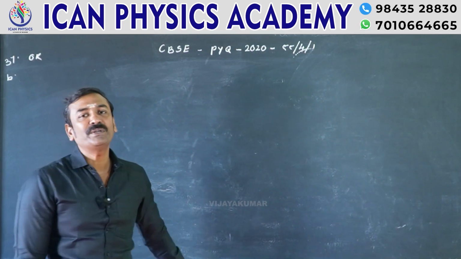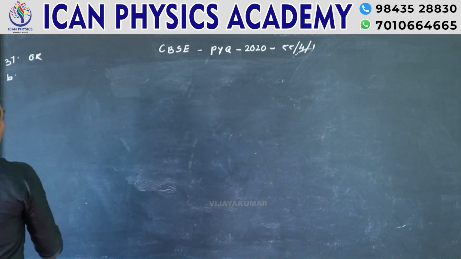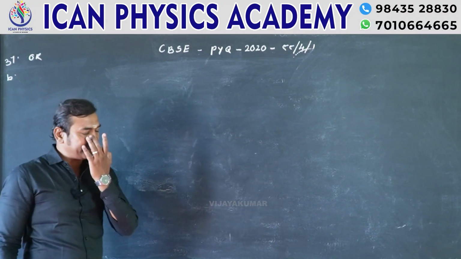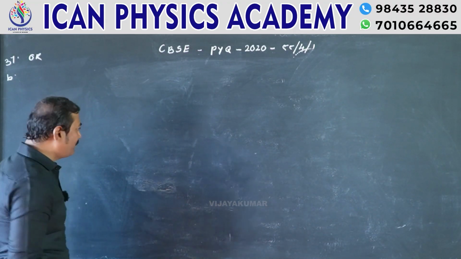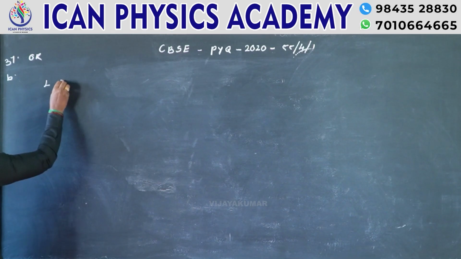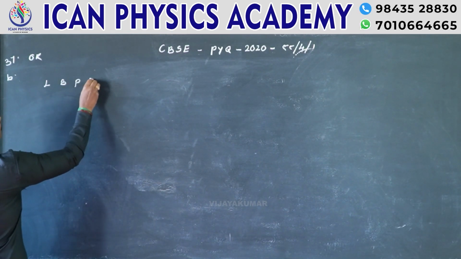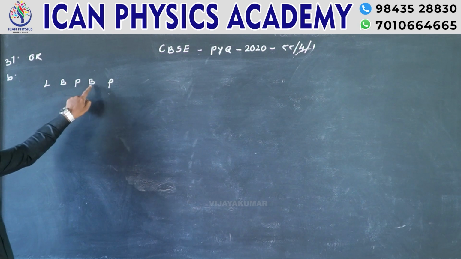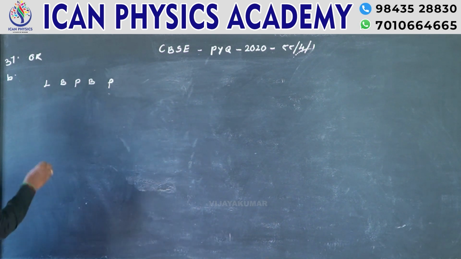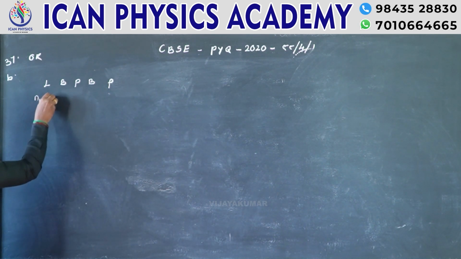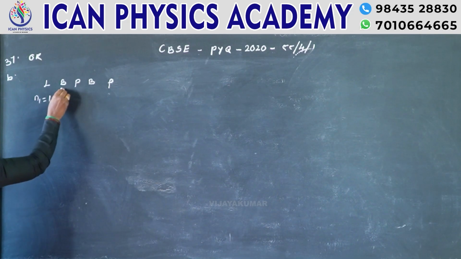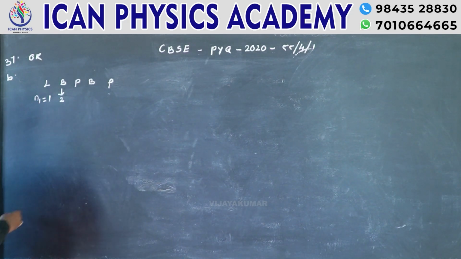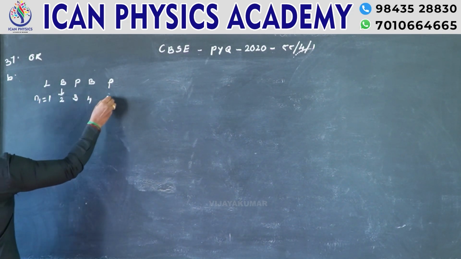Here we have two important words. One is Balmer. So what is Balmer? L B P B P: Lyman, Balmer, Paschen, Brackett, Pfund. Here n1 equal to 1 is Lyman, n1 equal to 2 is Balmer, then 3, 4, 5.